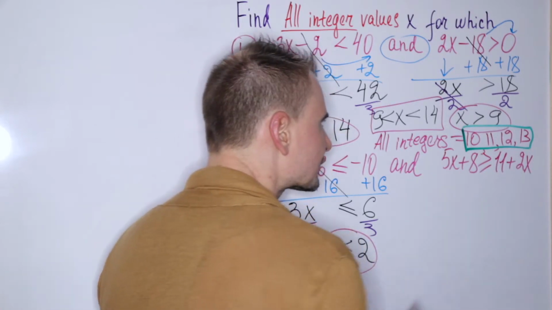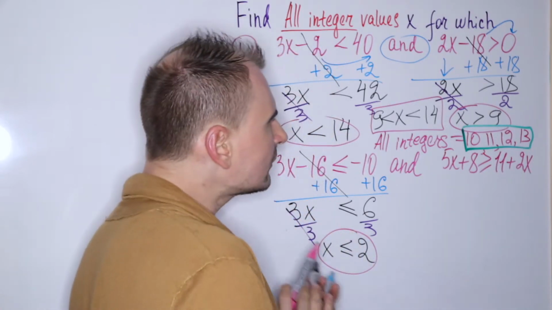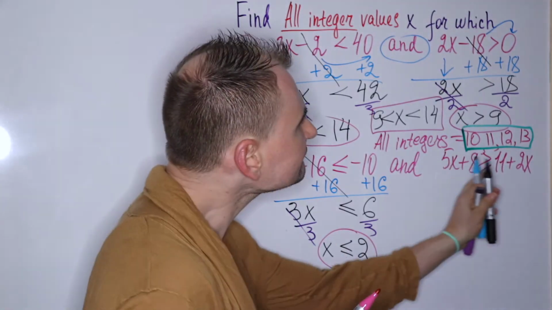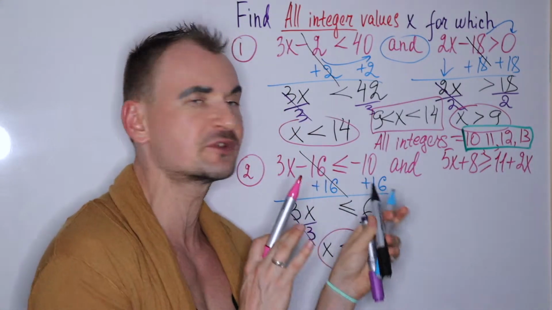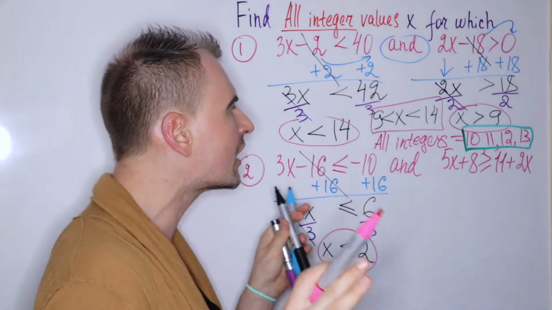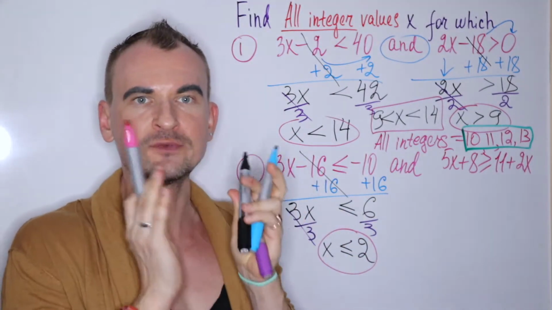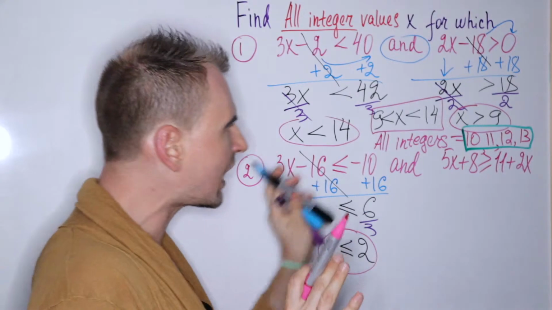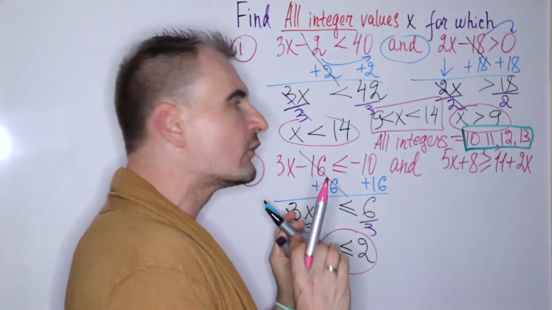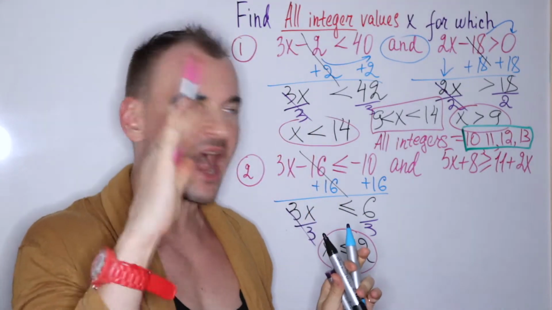Similarly, we are going to solve the second one. It looks a little bit messy, since your x terms and your numbers are scattered around, so you want to group them. Collect the x terms on one side of your inequality and your numbers on the other side.